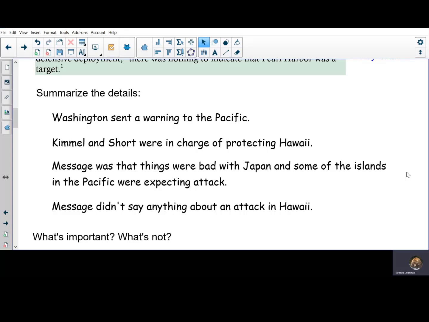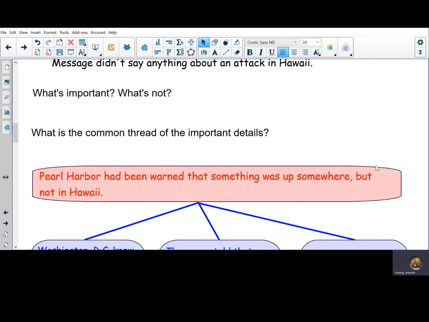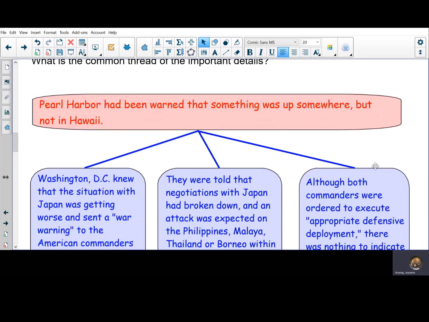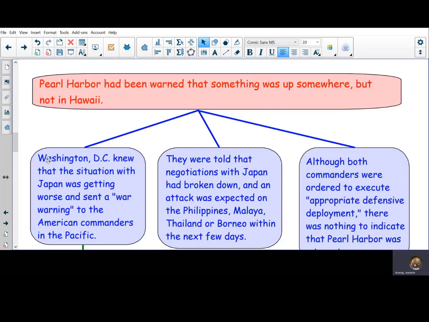Okay, so we got a little bit off topic here, but what you see is us responding to the text and arguing about it. And when you find yourself doing that, it's a good indication that you've understood what you were reading. How can we express the common thread of these key details? Okay, well, I wrote it as Pearl Harbor had been warned that something was up somewhere, but not in Hawaii. And the details that support this: Washington, D.C. knew the situation with Japan was getting worse.